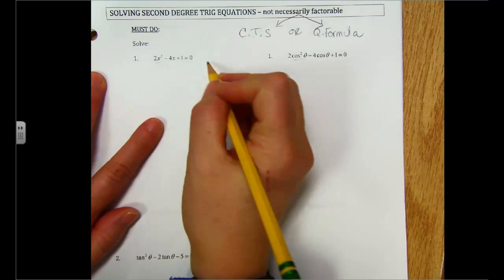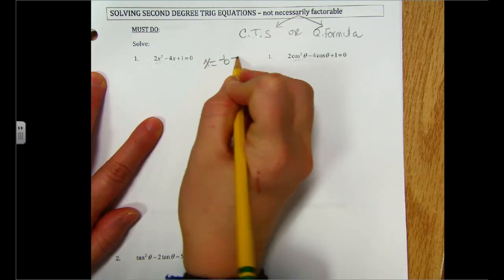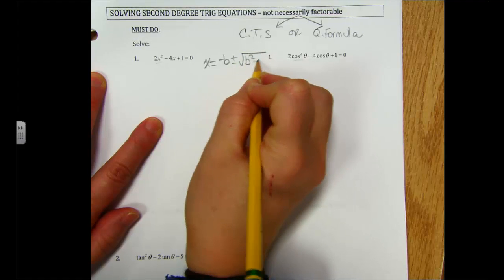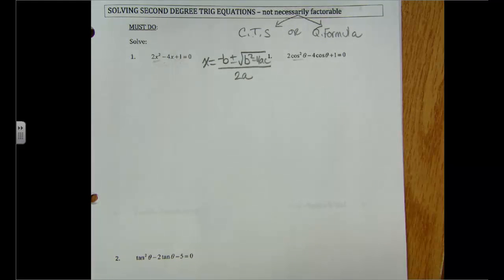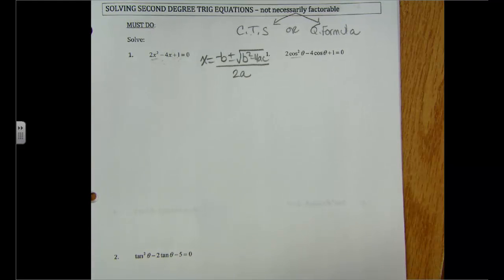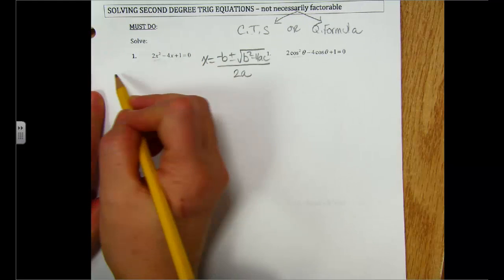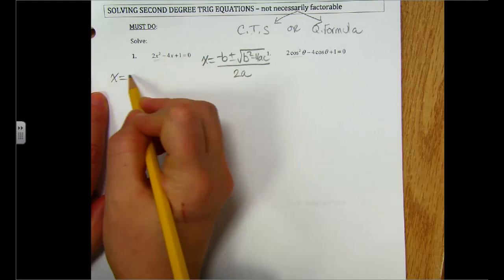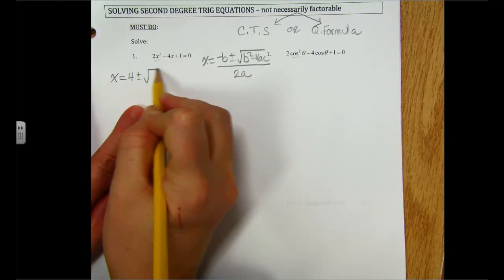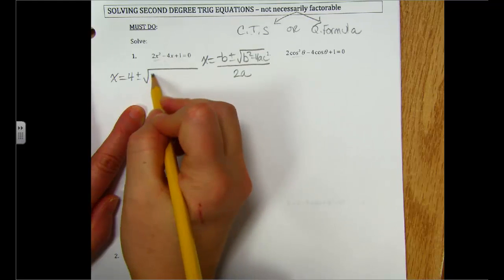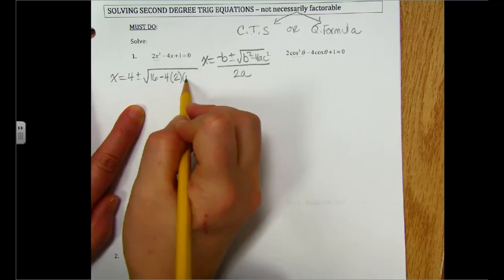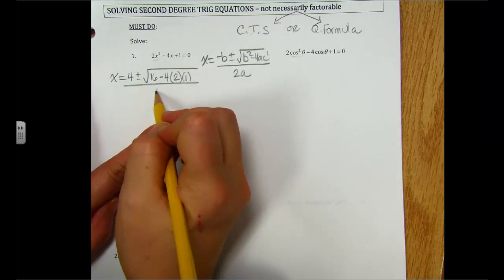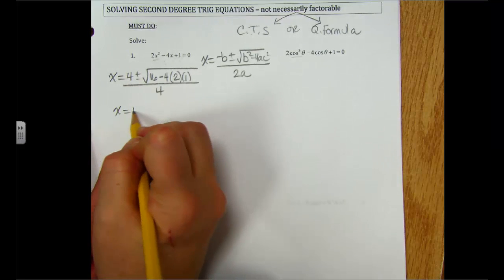So again, the quadratic formula, you should write when you're using it so that people grading papers know what you were thinking, and then we plug in. So here x is the negative value of b plus or minus the square root of b squared minus 4 times a times c all over 2 times a. Clean it up.